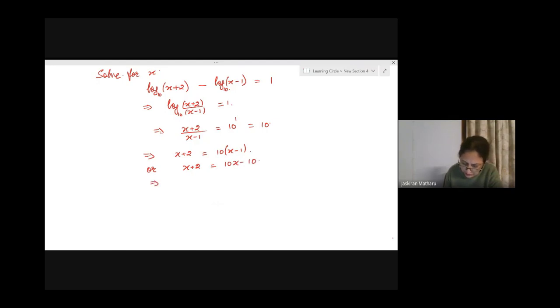So this implies that 2 plus 10 is equal to 10x minus x, or 12 is equal to 9x. This implies that x is equal to 12 by 9, or x is equal to 4 by 3. So that's all about the laws of logarithm. We can have more complex problems applying the same laws, but the basic rules remain the same.